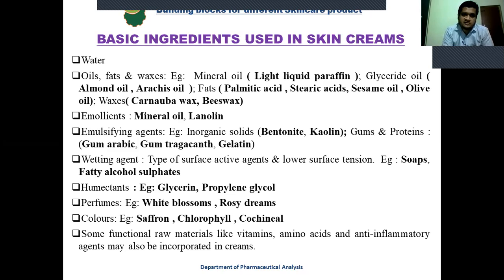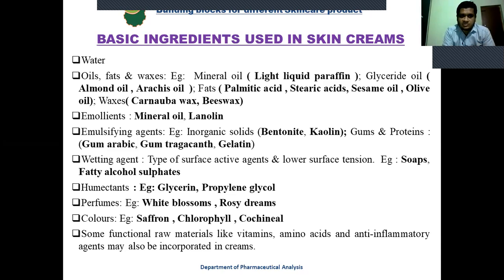Okay, so that's why the first basic ingredient is water. Next, as we said that it is an emulsion, the other thing is oil, or fatty substances or waxes. Any emulsion, we know, has water and oil present. These are two phases.